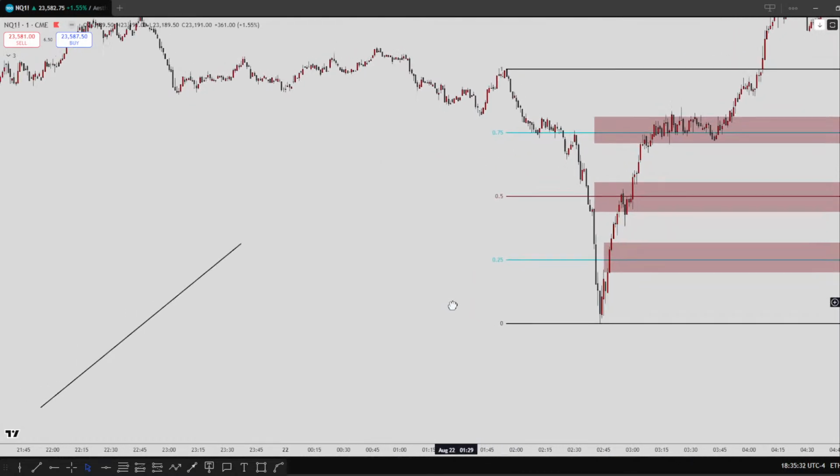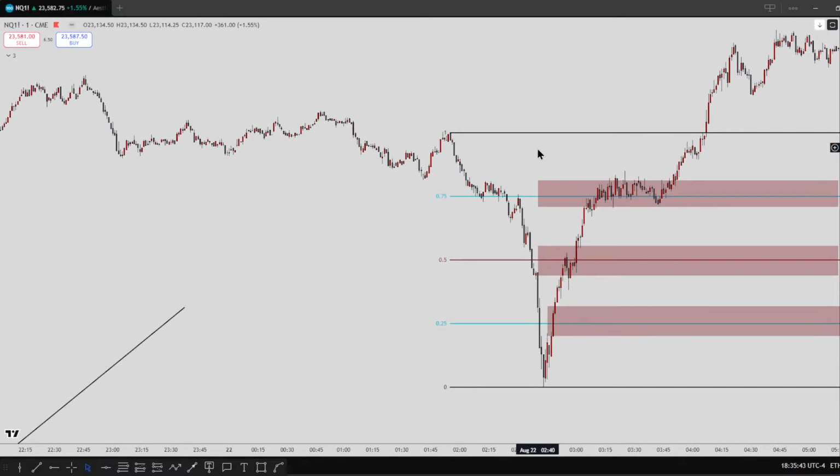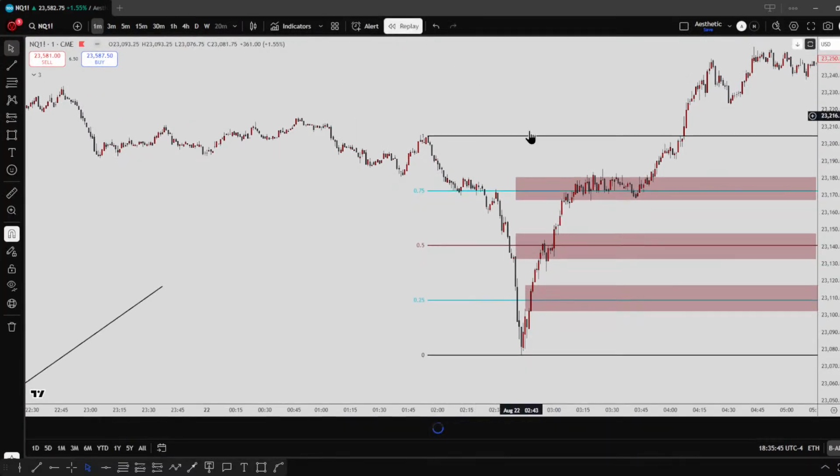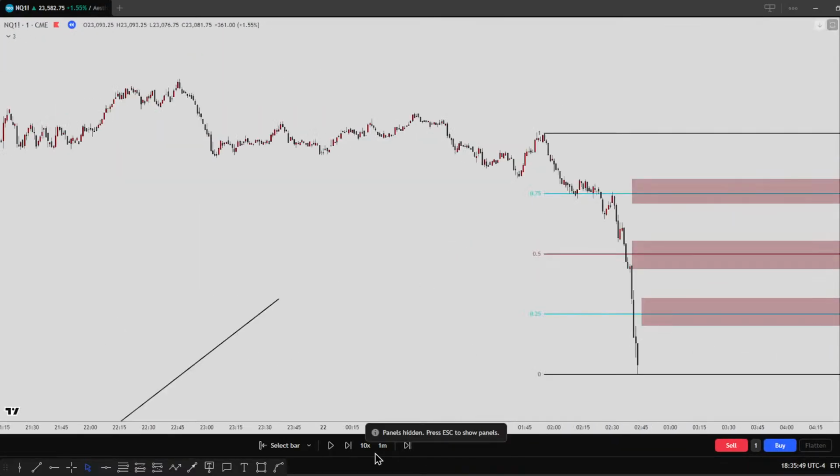An implied range is from the origin of the move that you're looking at into the terminus point, aka just your draw on liquidity, where you believe it's going to go, where it hasn't gone yet. In fact, I need to put market replay mode on. Say you're here.